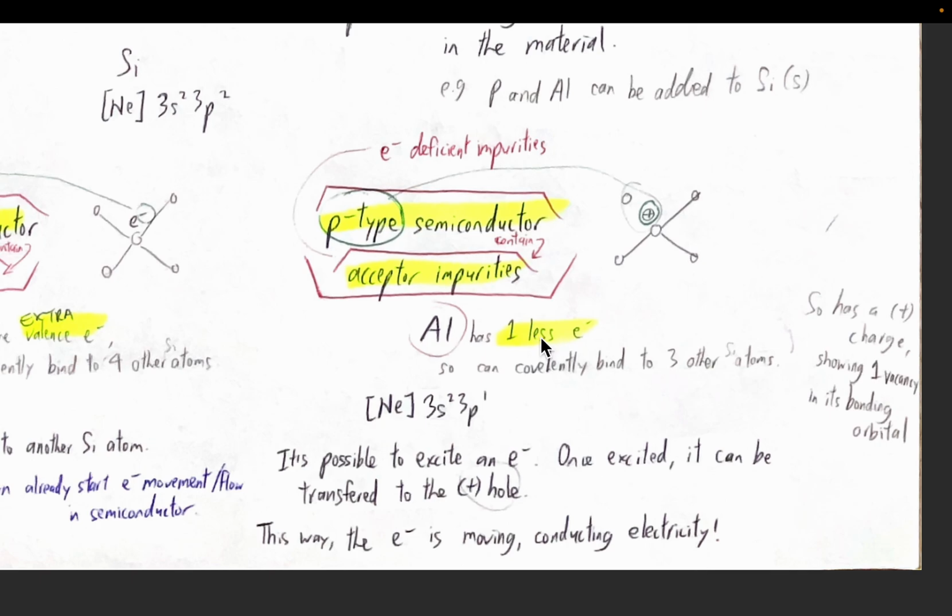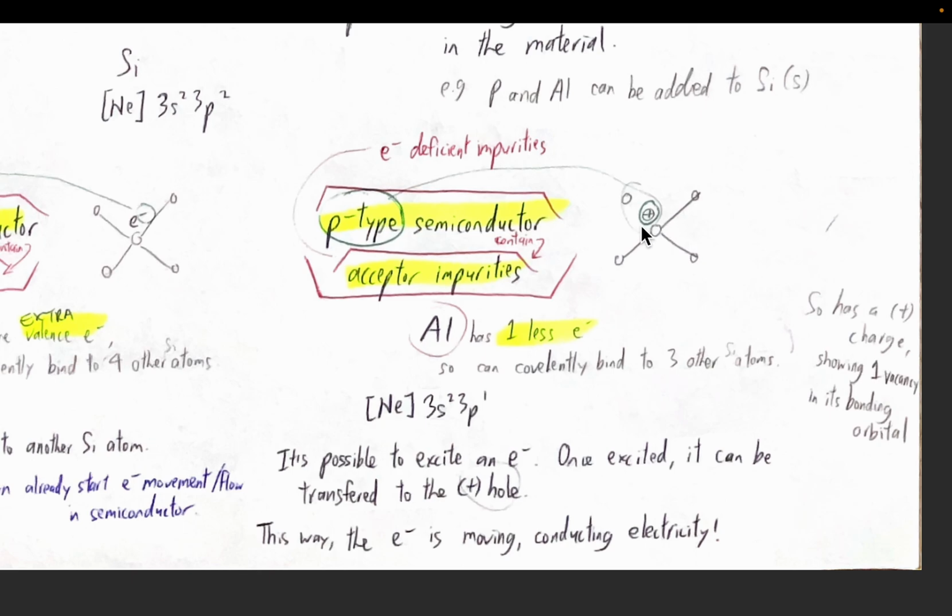Okay, so let's go back to this characteristic. Aluminum has one less electron. So here in this illustration, you can see it only covalently binds to 3 other silicon atoms. Just know this characteristic connects to this. Therefore, it has a positive charge showing one vacancy in its bonding orbital, the positive charge over here.